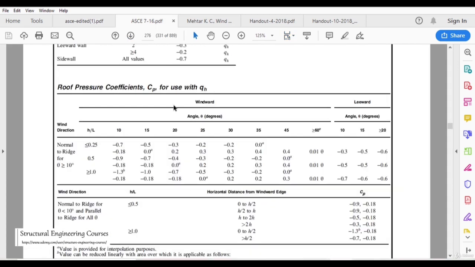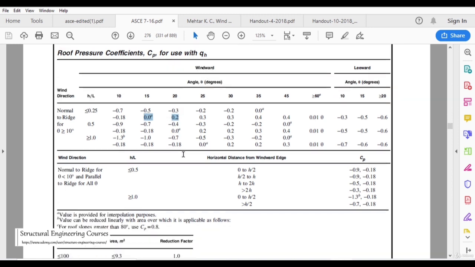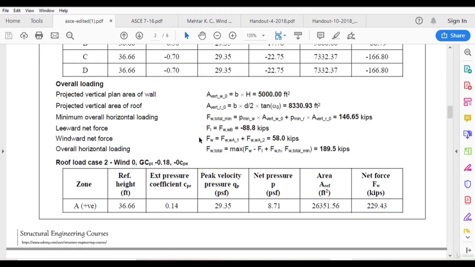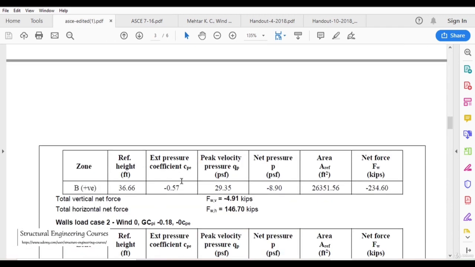But in this table, the value should lie between 0 and 0.2. So for 18.43 degrees, our value comes out to be 0.14. Whereas for leeward, it is again the same, that is minus 0.57. So that is why it is plus 0.14 and minus 0.57.